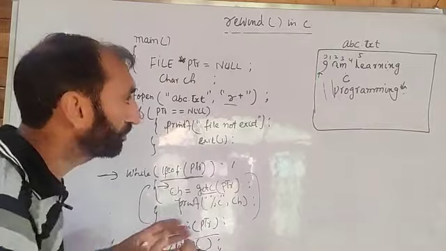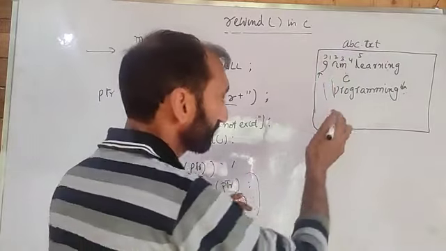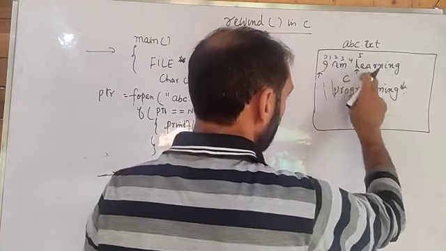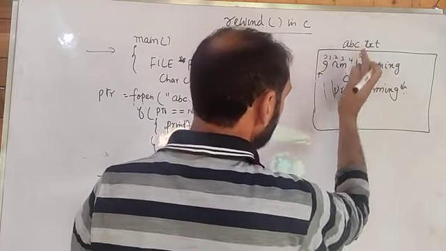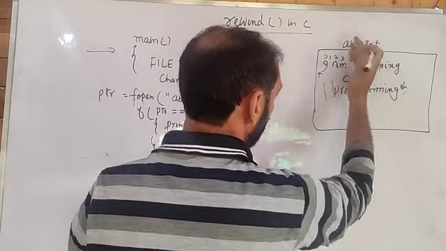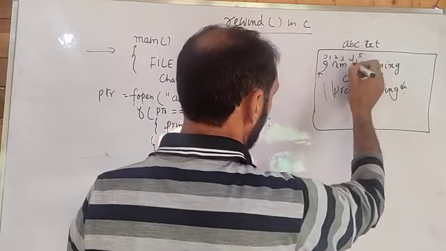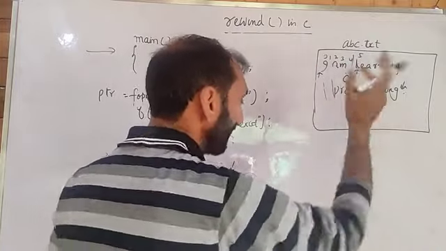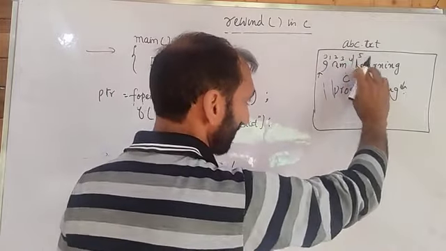And I want to read this file from this position onwards, learning C programming. I want to skip the contents, I am, from the 0th to the 4th index, that is 0 to 4. I want to skip these contents and read the file from learning C programming.